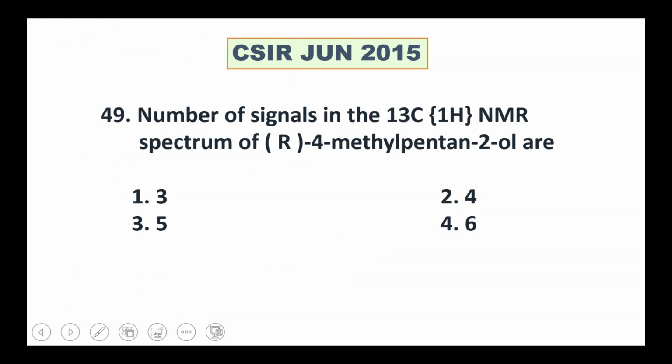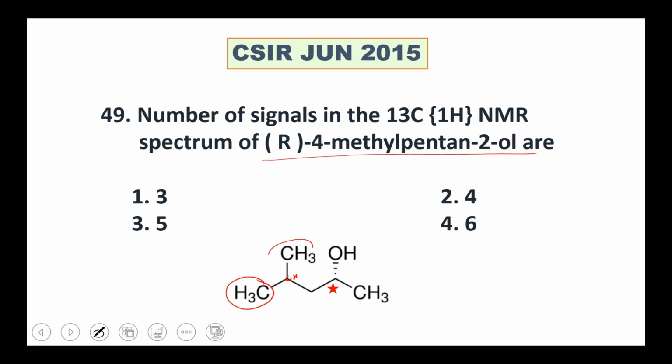Next problem, they are asking for R-4-methylpentan-2-ol. So this is the molecule. You can see you have a chiral carbon here. Whenever I have a chiral carbon, this geminal methyl will be no longer equivalent. They'll become chemically non-equivalent. So I have one carbon, second carbon, third carbon, fourth carbon, fifth carbon, sixth carbon.